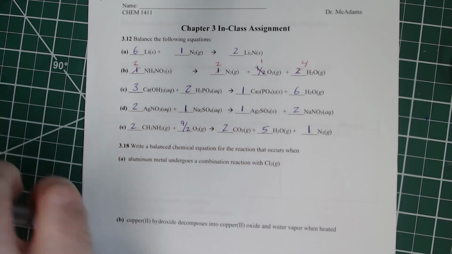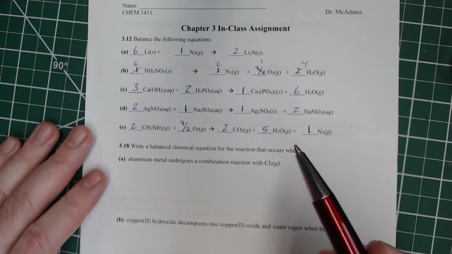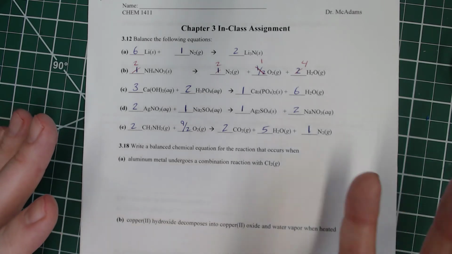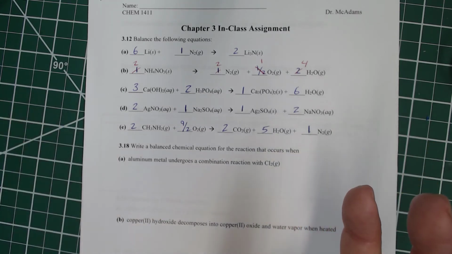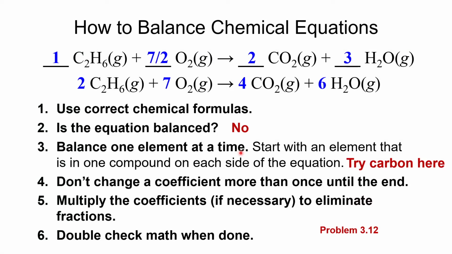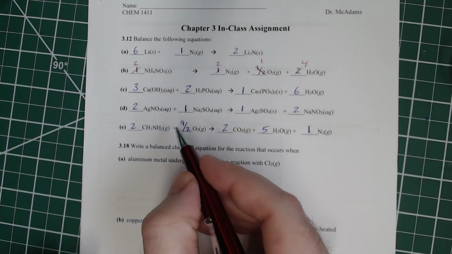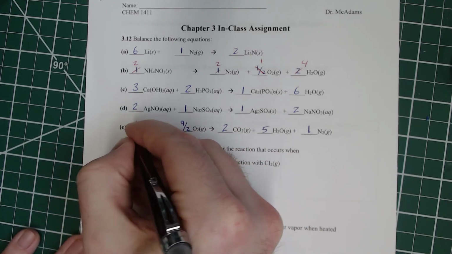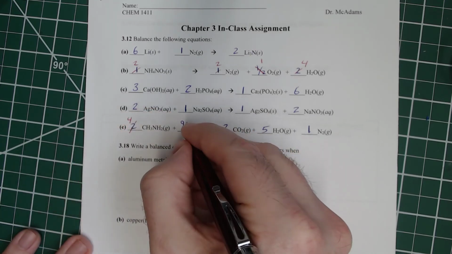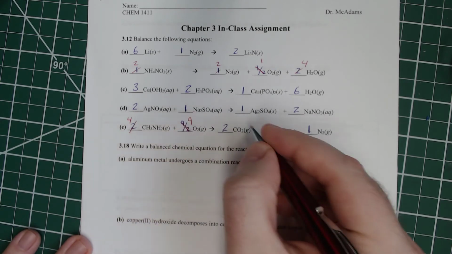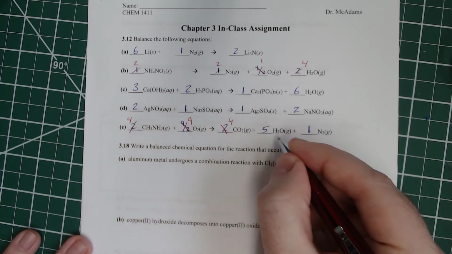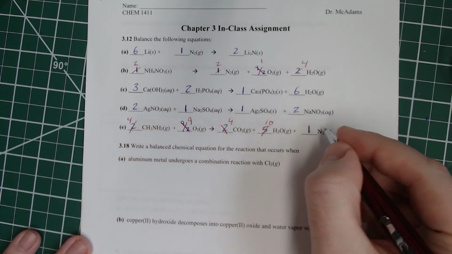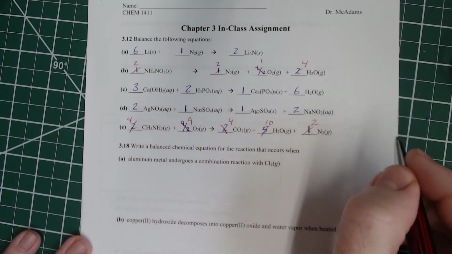And just like what we did before, for step 5, where it says multiply the coefficients, if you go back to this, you'll see step 5, multiply the coefficients if necessary to eliminate fractions. Well, we're going to eliminate this fraction by multiplying everything through by 2. So 2 times 2 is 4. 2 times 9 halves is 9. 2 times 2 is 4. 2 times 5 is 10. And 2 times 1 is 2.